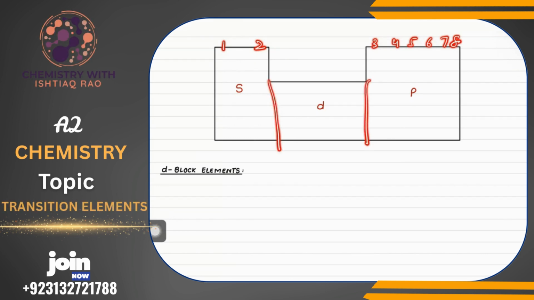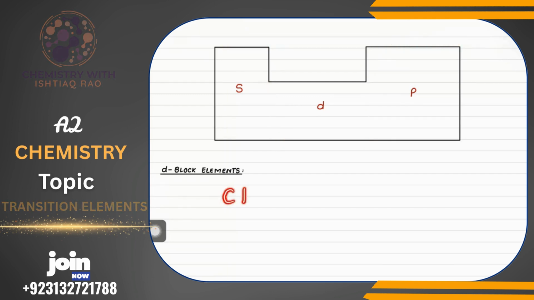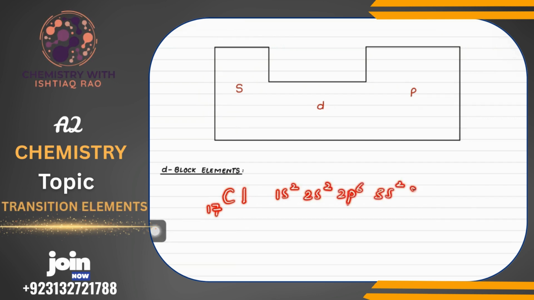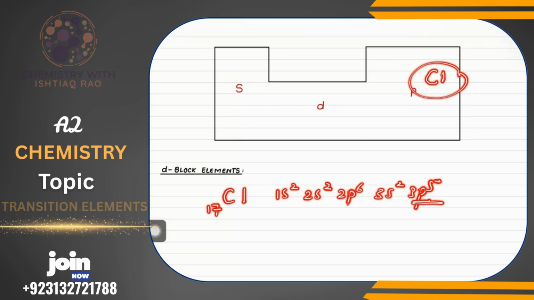When you write the electronic configuration for chlorine, whose proton number is 17, it is 1s2, 2s2, 2p6, 3s2, 3p5, right? As we can see, its outer electron is in the p orbital, and the position of chlorine is on the right hand side, so this is a p block element.